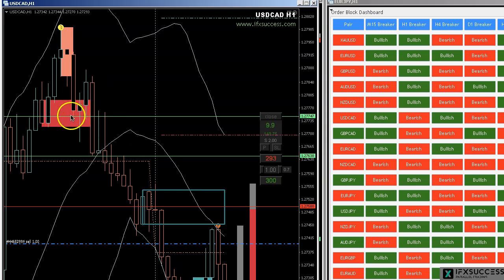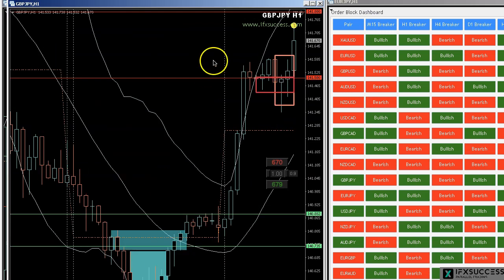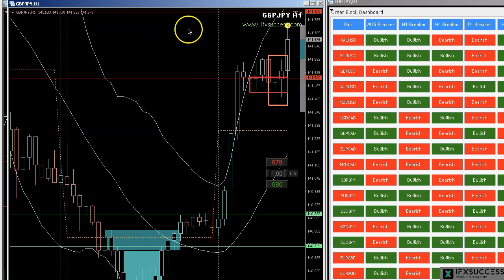So your first entry would have been over here, and your second entry would have to be here when the second breaker happens. Okay, so again, it's just sometimes an anticipation of an entry. So let's say I want to get something out of this one and then leave some remaining open, then I could do that, right? Pound yen, we have pound yen doing the same thing.